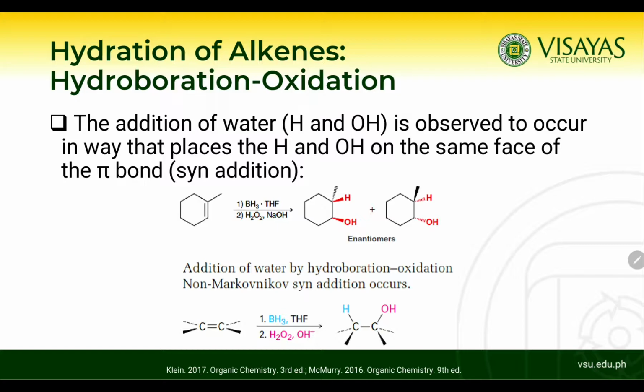And also, we have syn addition. That means the H and the OH are bonded on the same face of the pi bond. For example, if the double bond is in a cyclic structure, we show the H and OH on the same face by using both wedged or both dashed or broken lines. If it is not in a cyclic structure, then we show the syn addition like that.